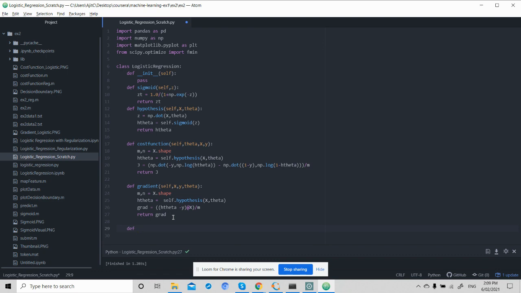So let's implement that minimum cost, so we can get a minimum cost. Let's give an equation name, minimum cost, and this would be my cost function again.